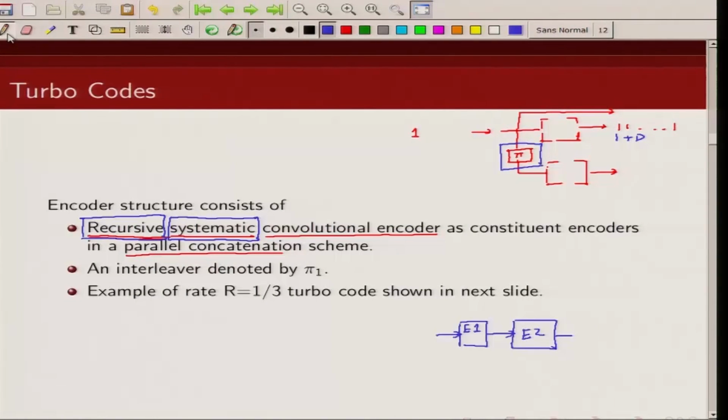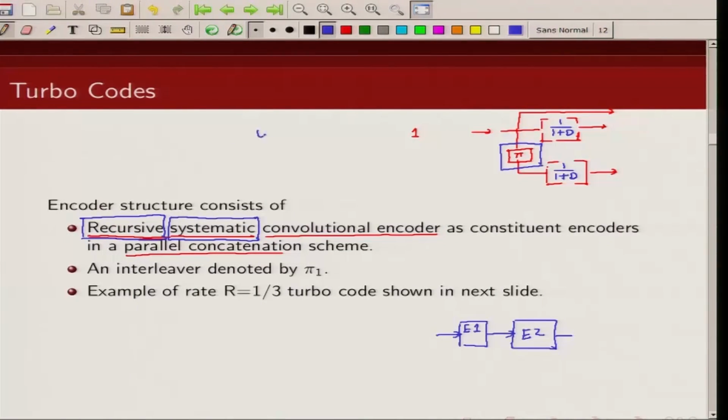So, what we are considering is this recursive or feedback encoder, and we are considering a very simple feedback encoder, which is a memory 1, two-state convolutional encoder. Now, as I said, a weight 1 input sequence cannot terminate this encoder.